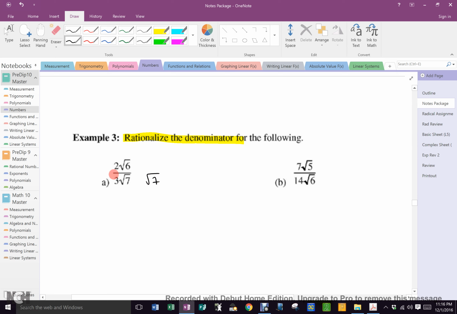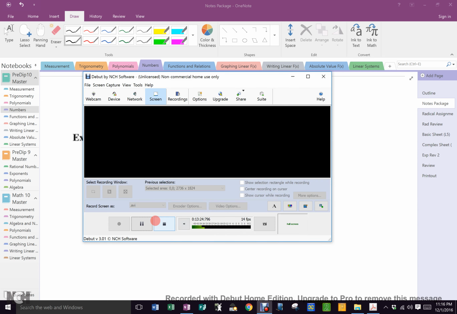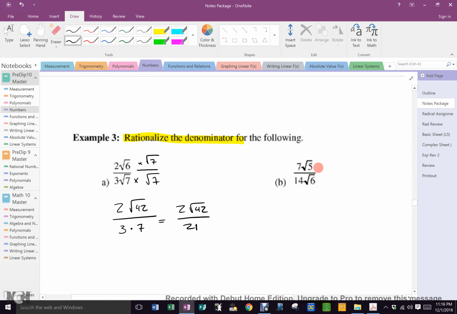But here's the thing, you guys know how fractions work. If I multiply the bottom, I gotta multiply the top by root 7. So I get 2 root 42 over 3 times 7, which is 2 root 42 over 21. This one, now, you see I can divide here, right? So I get 7 over 14 equals 1/2.